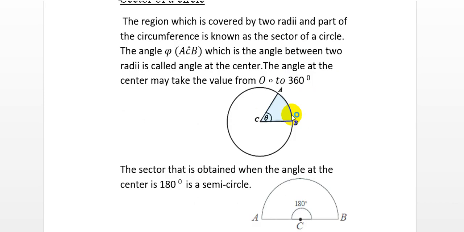If I take the whole circle and want to calculate the length of this whole circle, in other words the circumference of the circle, as you are already aware, we use the equation C = 2πr. That is in order to calculate the circumference of the circle.